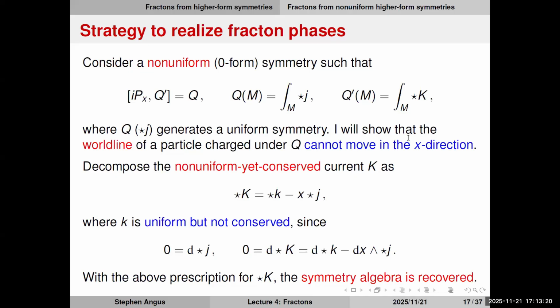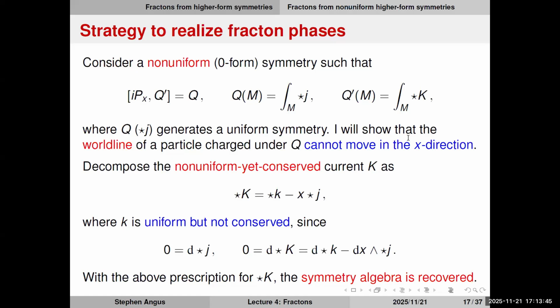we can first decompose this non-uniform yet conserved current K as follows. In particular, we decompose the dual of K, star K, into star of little k minus some x position times star of j.